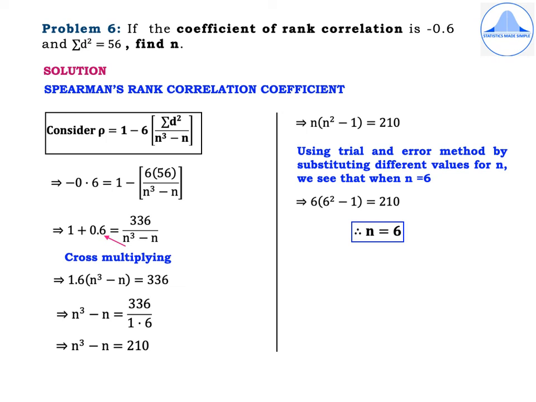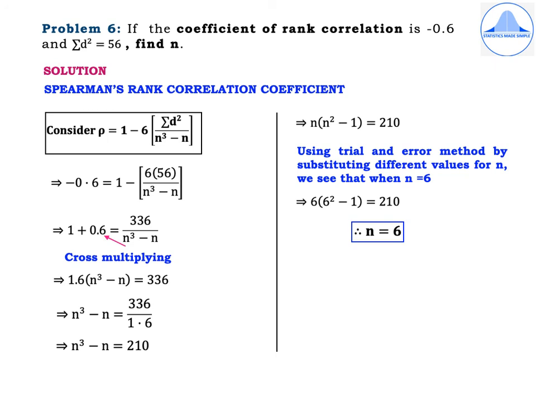Now, simplifying further, you get 1 plus 0.6 is equal to 336 divided by n cubed minus n. Cross multiplying, we get 1.6 into n cubed minus n is equal to 336, or n cubed minus n is equal to 336 divided by 1.6, which implies n cubed minus n is equal to 210.